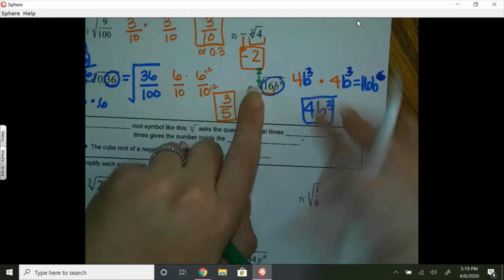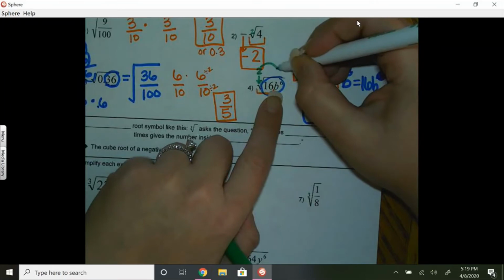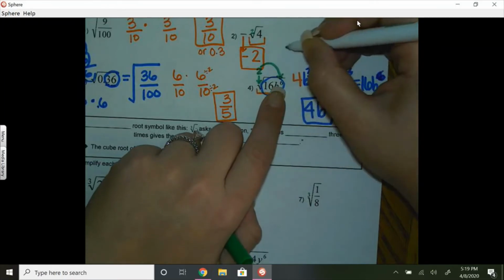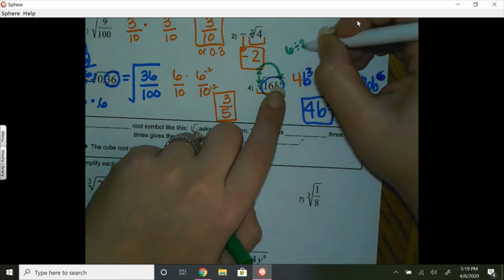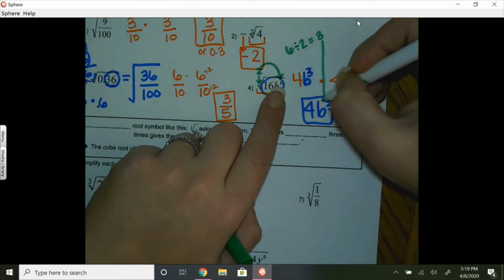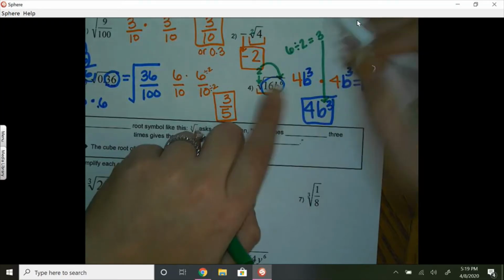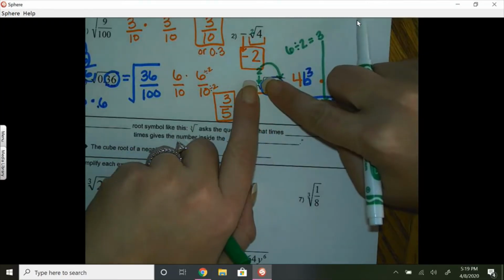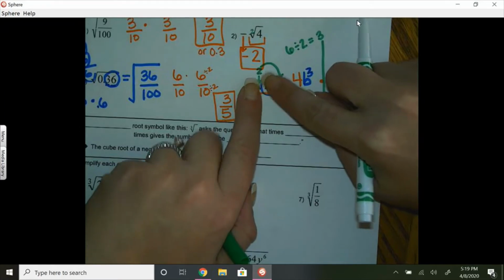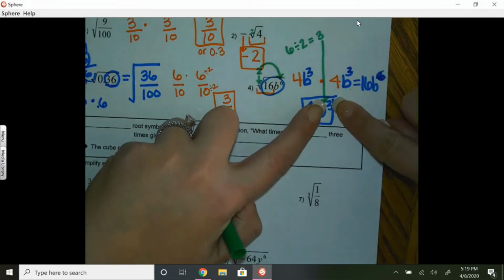So you're going to take this 2, or whatever number this is, and ask yourself, how many times does 2 go in a 6? So 2 goes in a 6 3 times. So that's another way to figure out the exponent that goes here. So again, this is called an index, we're going to write it down here soon, and you divide it into the exponent, and that's how you get your answer's exponent.